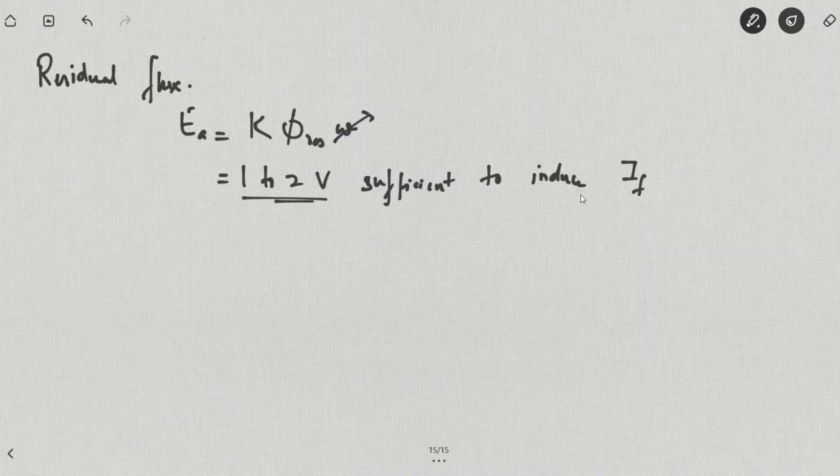Once the current flows through the field windings, it will increase the flux. Once the flux increases, EA will again increase. So this process will continue. It will again increase IF, that will again increase flux, that will again increase EA, that will again increase IF.